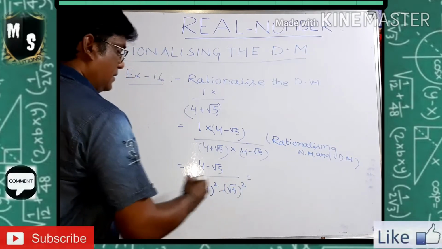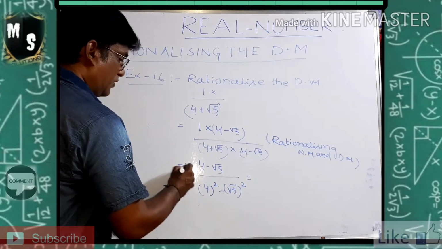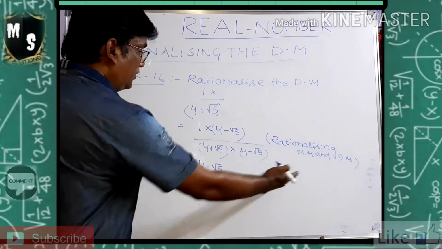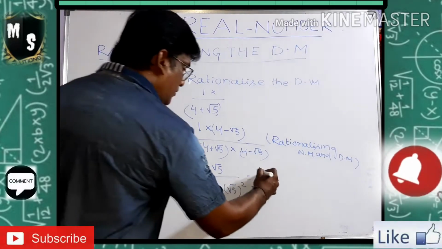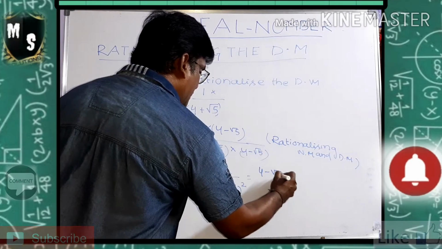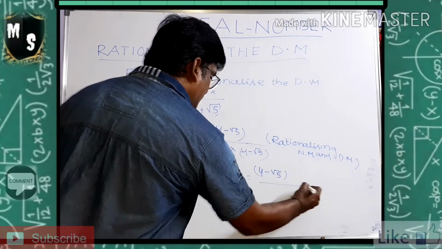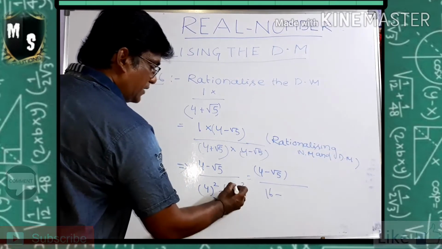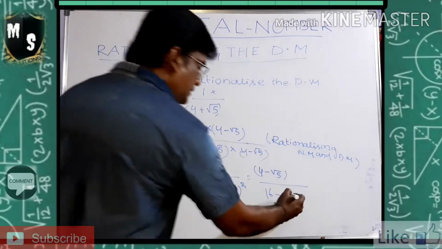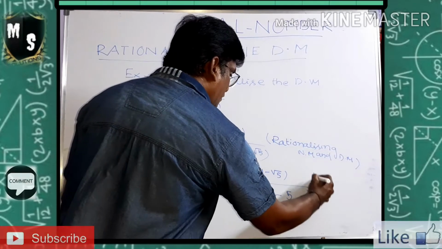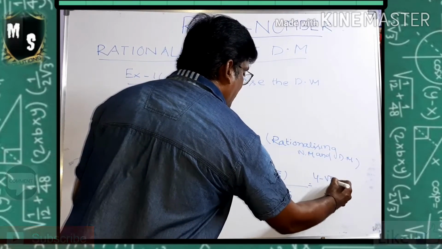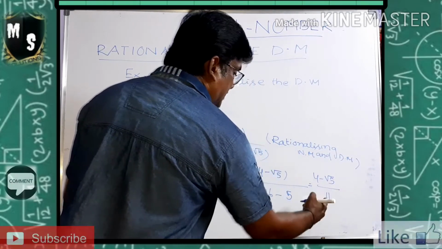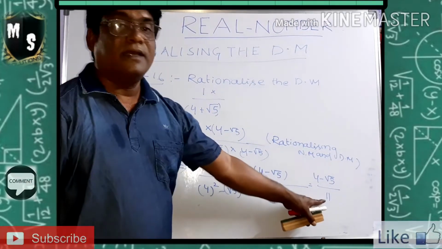Now what is coming? I can put an implies sign here for the equal sign. Now it is 4 minus root 5 whole divided by, what is coming? 4 square 16 minus root 5 square, square root cancelled, now it is 5. What is coming? 4 minus root 5 by 11. See, 11 is a whole number.